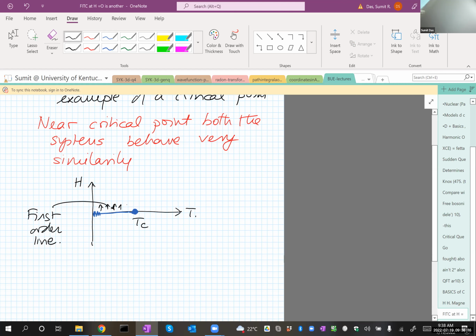However, if the temperature is such that A of t is negative, then something interesting happens.